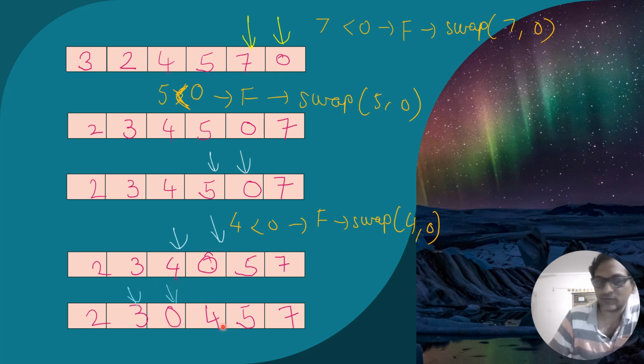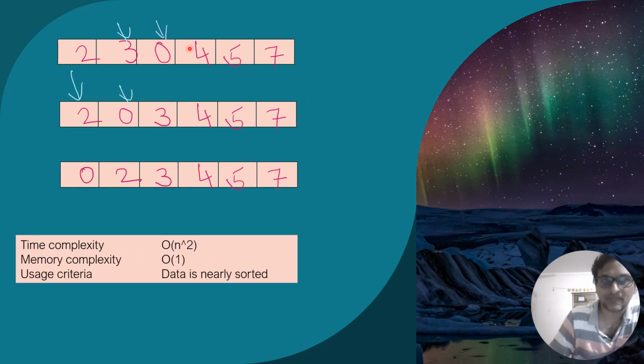So 0 and 4 once again swap places, and the same condition holds true. We again compare 0 and 3. 0 and 3 will interchange places, and the same holds true for 0 and 2. 0 and 2 again exchange places, and the array is now completely sorted.